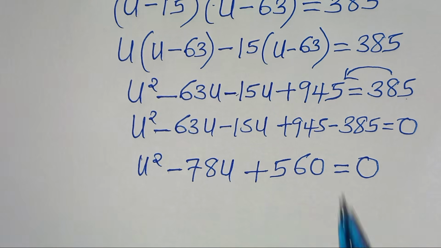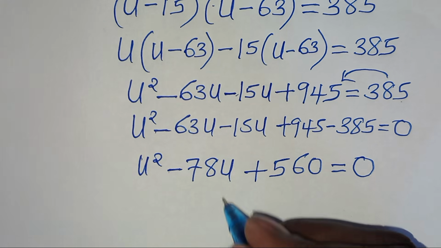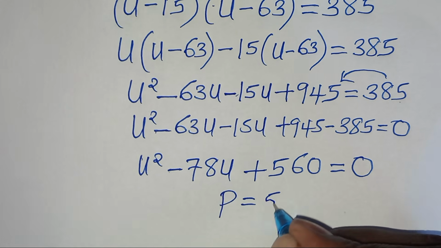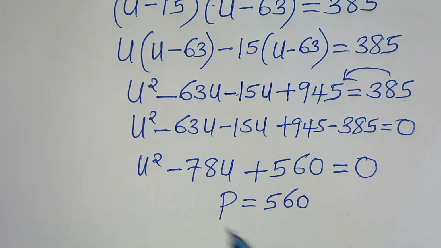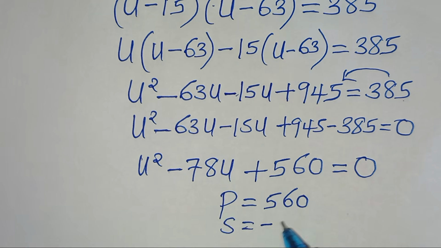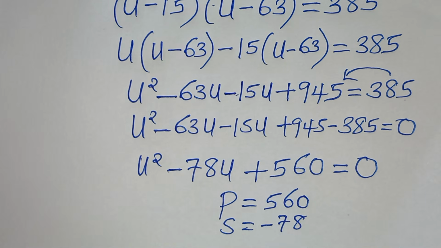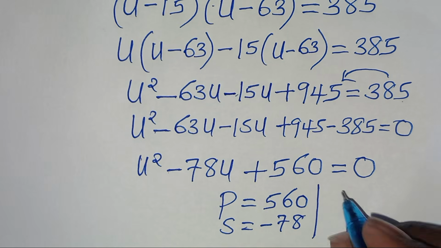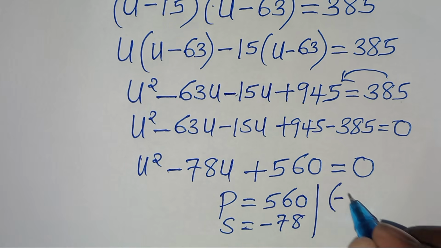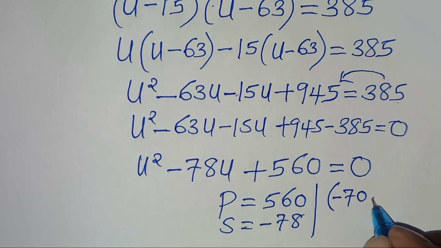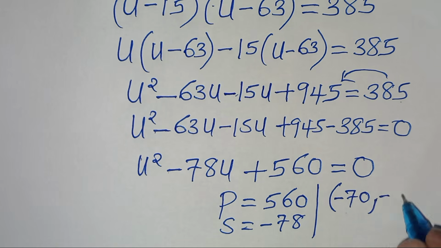We can solve this quadratic equation by factorization method. We have the product here, which is 560. The sum is equal to negative 78. So we identify two factors here, that is minus 70 and minus 8.